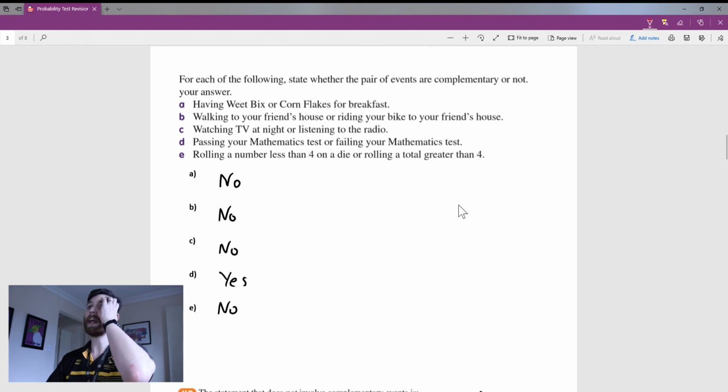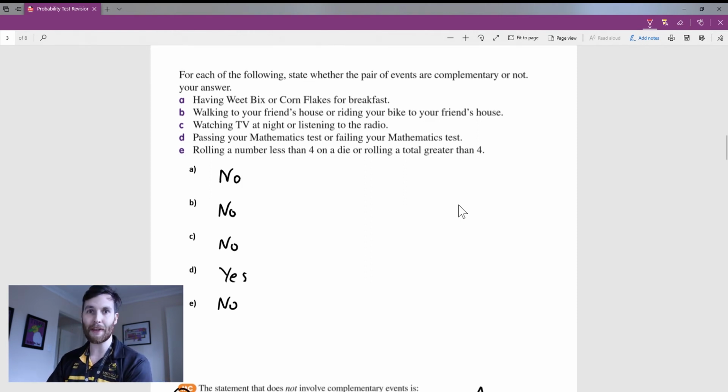Okay, for the next one, for each of the following, state whether the pairs of events are complementary or not. Each of these will give you a situation, and it's essentially asking if the two outcomes represent all of the possible outcomes for that situation.